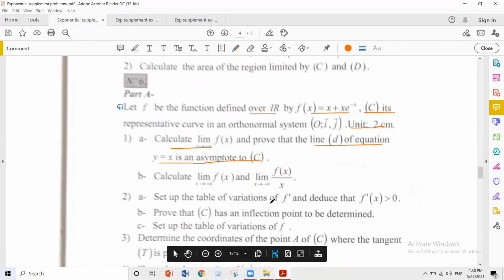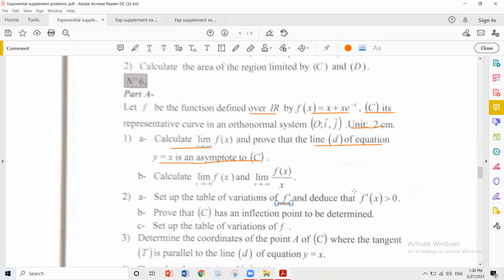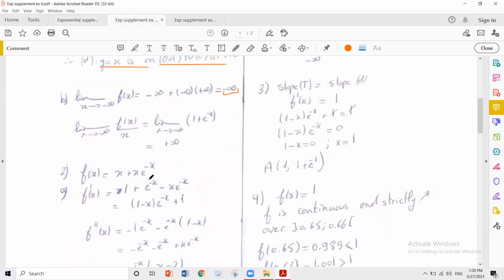Study the variations of f prime and deduce that f prime of x is positive. To study the variations of f prime, we have to find the second derivative and study its sign. f(x) = x + x e^(-x). f prime of x: derivative of x is 1, plus u prime v, which is 1 times e^(-x), plus v prime, which is minus e^(-x) times x.